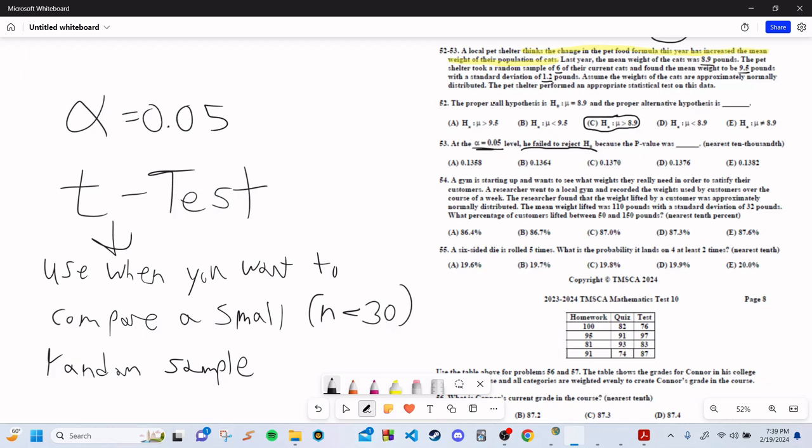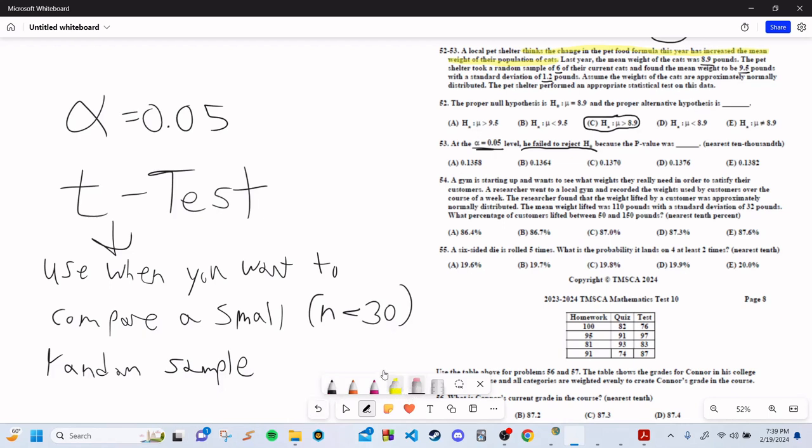Okay, so we have to use a t-test because our random sample is only 6, which is less than 30. And we're comparing these means, right? The original mean and the new mean.